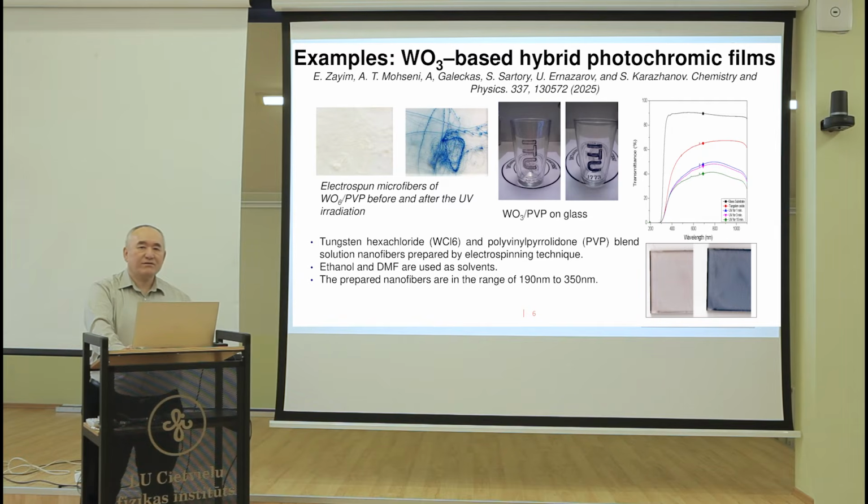Because tungsten oxide thin films by themselves, although they exhibit photochromism, do not bleach spontaneously from the photodarkened state, and some energy should be spent for bleaching, for example heating or applying a very high electric field. When the nanomaterials of tungsten oxide are incorporated into some polymers, this is called a hybrid material, and it will spontaneously bleach into the transparent state.